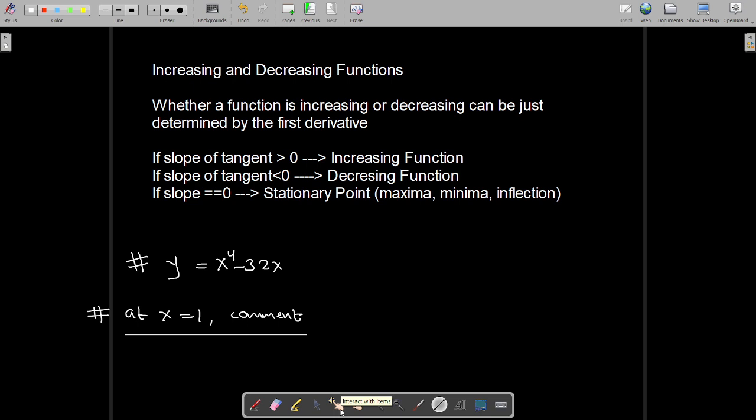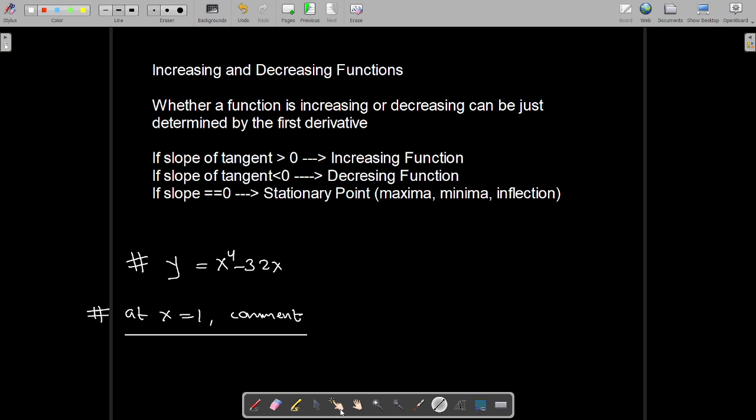Okay, so one second. Decreasing. Increasing?